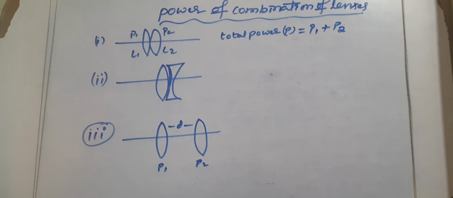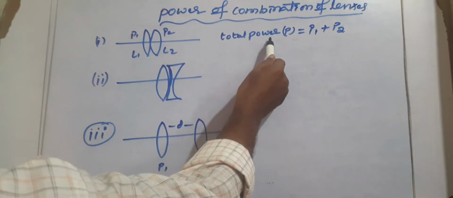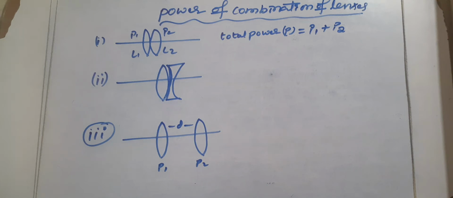Let P1 be the power of lens L1 and P2 the power of lens L2, and both lenses are converging lenses, convex lenses. So this system has a total power, or effective power, or resultant power, equal to P1 plus P2.